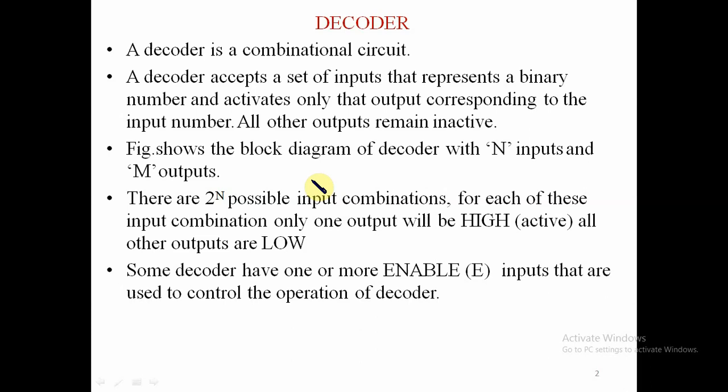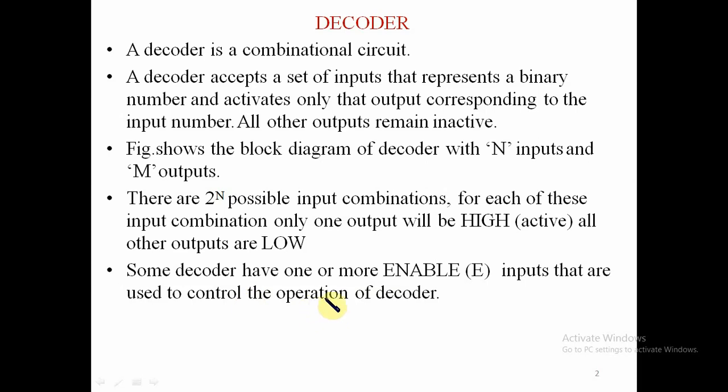The figure shows the decoder block diagram, with n inputs and m outputs, as well as 2 raised to n unique input combinations, and for each one output will be high, that is active, and the other outputs are low.